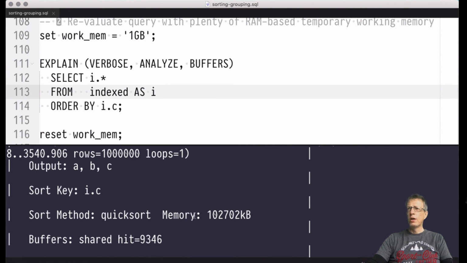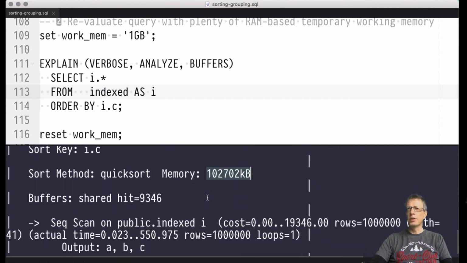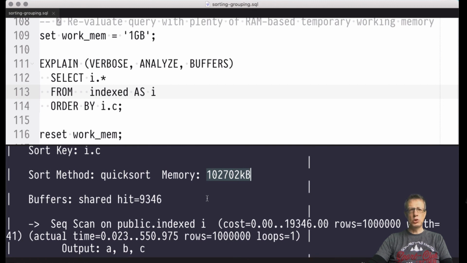All right. So indeed, quicksort, no external merge sort here, no disk involvement, no further disk I/O that is being reported here. But of course, we needed our share of memory here, like 100 megabytes. 100 megabytes were needed to sort the rows of the index table in C order. All right, but working memory was sufficient to hold that.